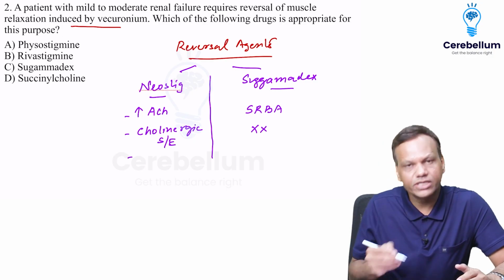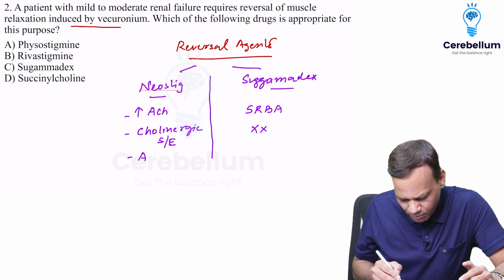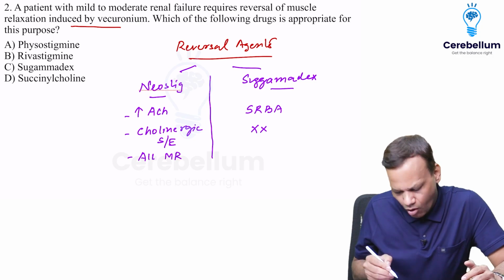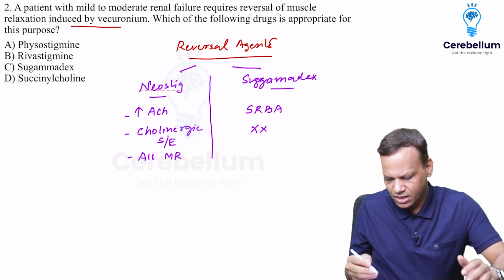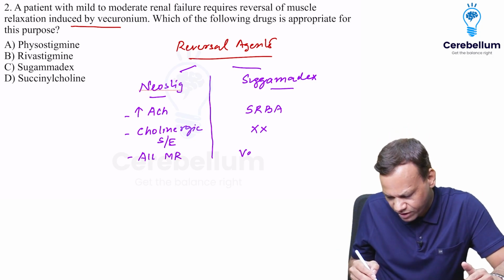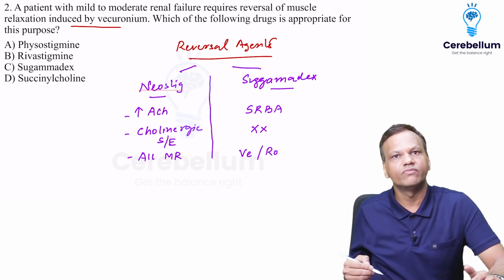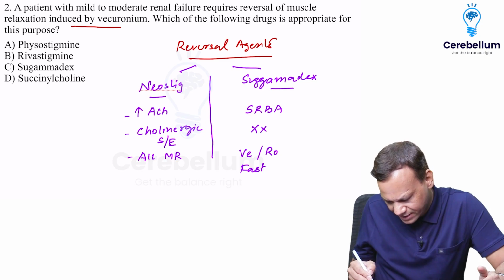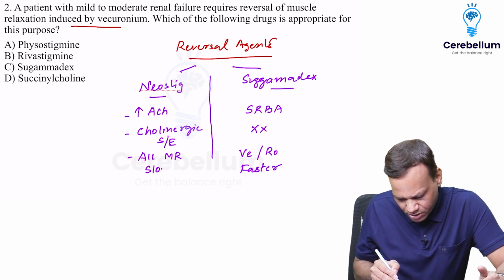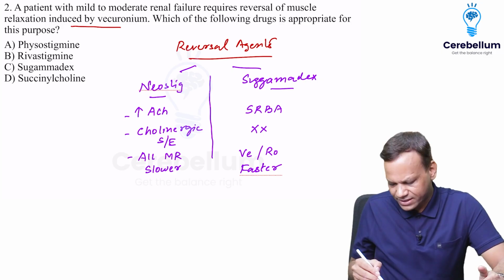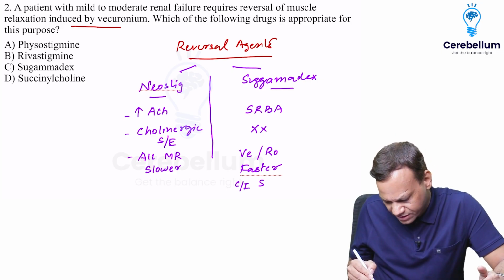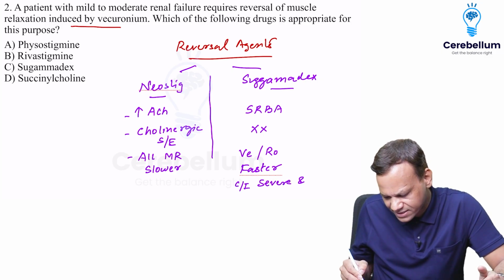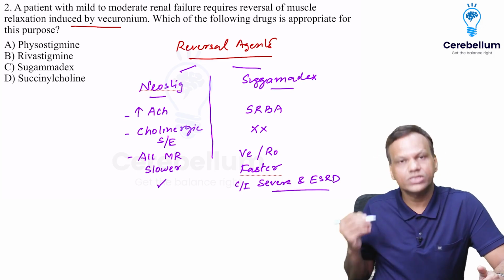Now neostigmine can be used for all non-depolarizing muscle relaxants, whereas sugammadex is mainly for vecuronium and rocuronium. Sugammadex is a faster acting agent than neostigmine, and sugammadex is contraindicated in severe and end-stage renal disease, whereas neostigmine can be used.